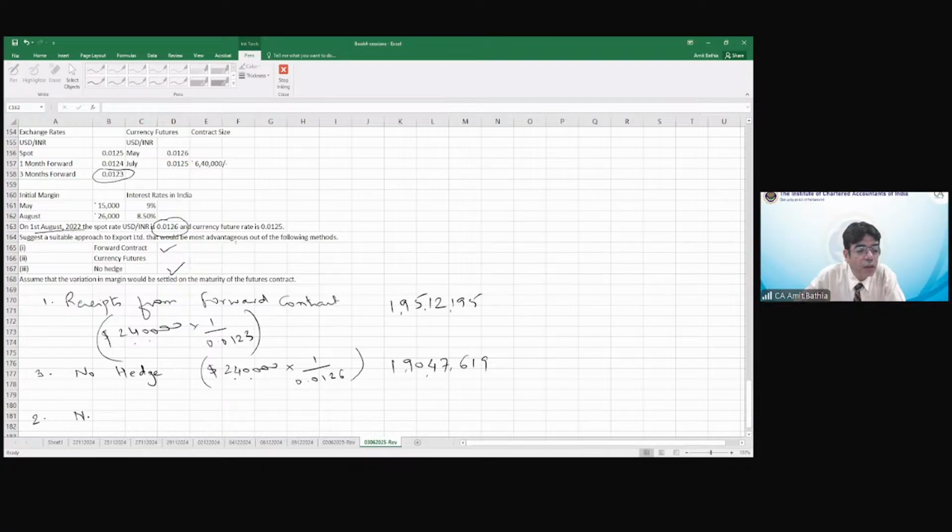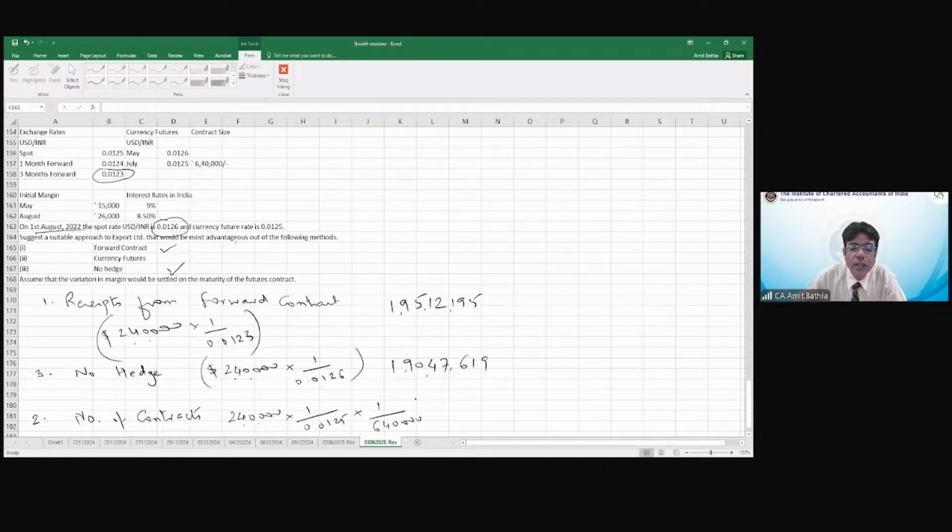Remember, we are doing right now the second option, which is currency futures. So the number of contracts I am trying to determine. How will I get that? $240,000 into 1 divided by 0.0125, and further this has to be divided by 6,40,000.